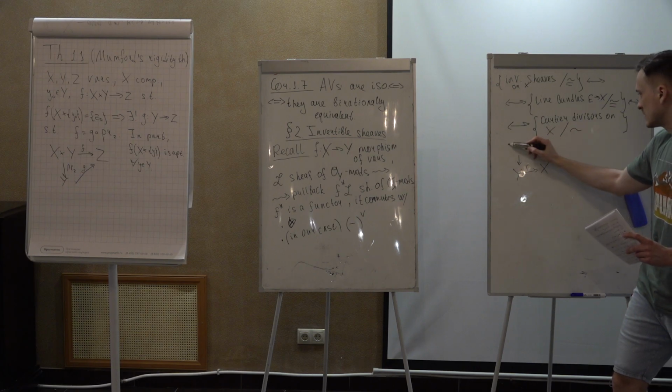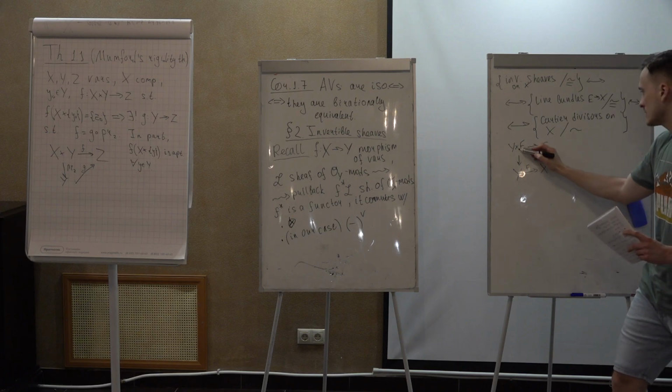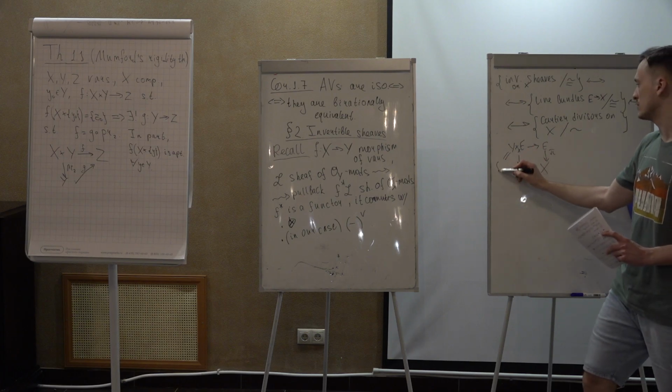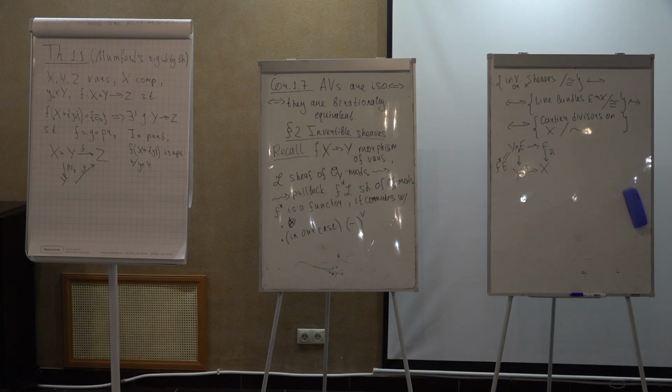So I can just take the fiber product Y times E over X. And this will be our pullback of E. I hope something became clearer after this. Well, you can also say that like with Cartier divisors, you can cover your variety and then just pull back. That's the sense.